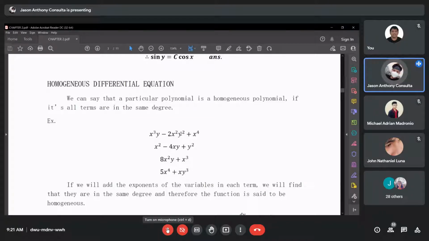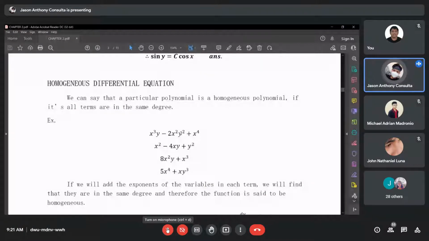So, homogeneous differential equation. From the term itself, homogeneous, we can say that a particular polynomial is homogeneous polynomial if all its terms are in the same degree. Okay, so balikan natin yung degree ng differential equation. Example, itong mga given na differential equation dito.